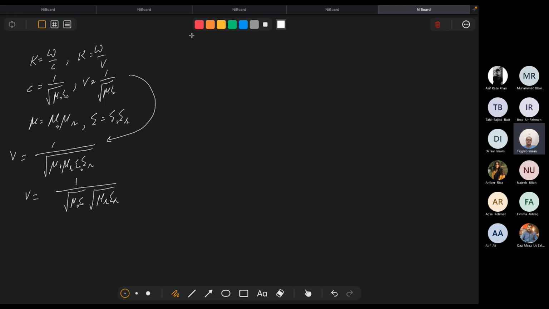and we already know that this thing is equal to this one, then we can write v is equal to c over the relative terms, ठीक है?